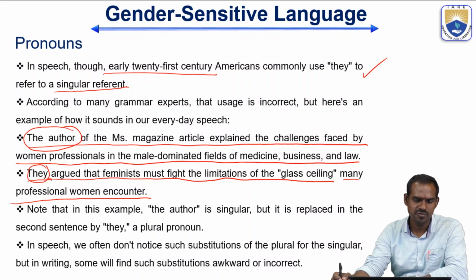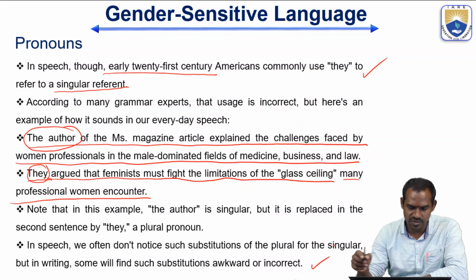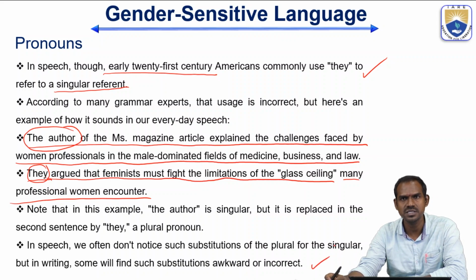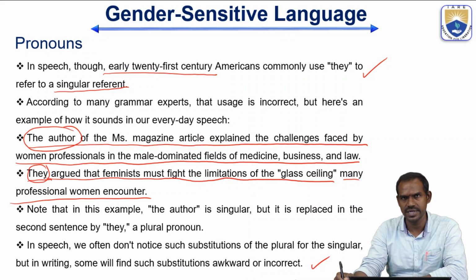In speech, we often don't notice such substitutions of the plural for the singular. But in writing, some will find such substitutions awkward or incorrect. In speech, we won't notice such things, but in writing, some will find them awkward or incorrect.